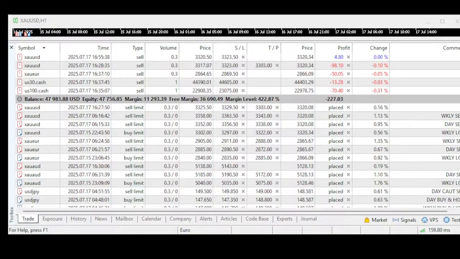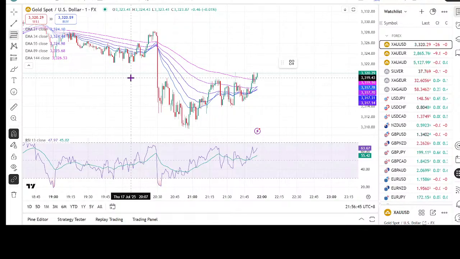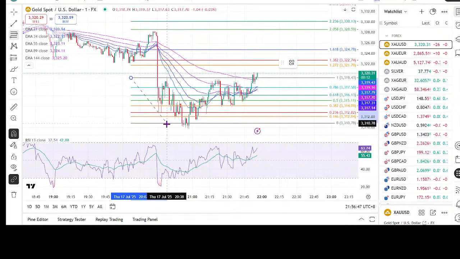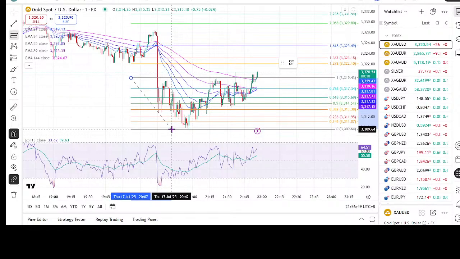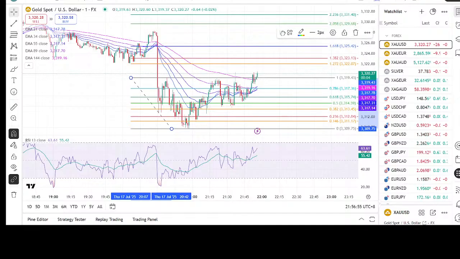So we have a few checks here and there, but sometimes if the market is really choppy, there's nothing much we can do. Like yesterday, it was very hectic when the news was out that the US president is going to terminate the Fed chairman. Sometimes this kind of news can give a lot of headache.